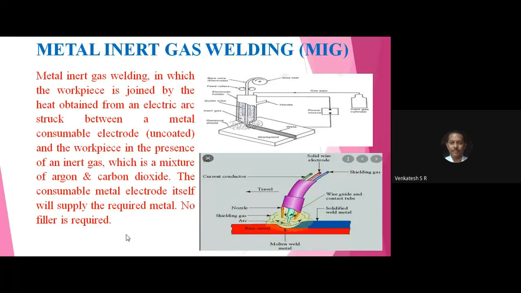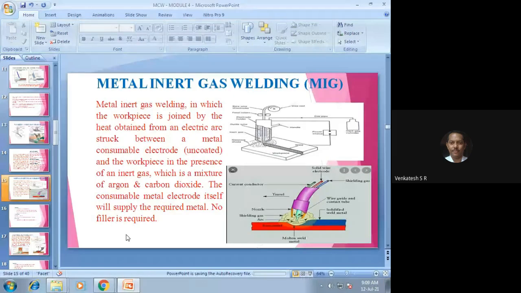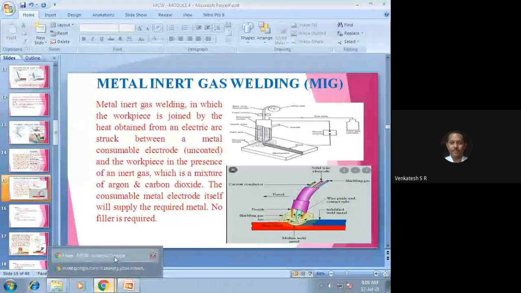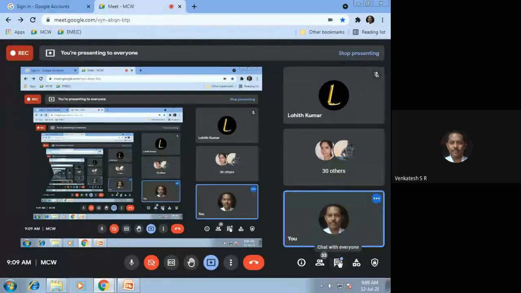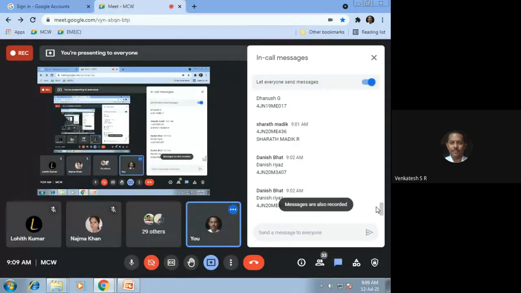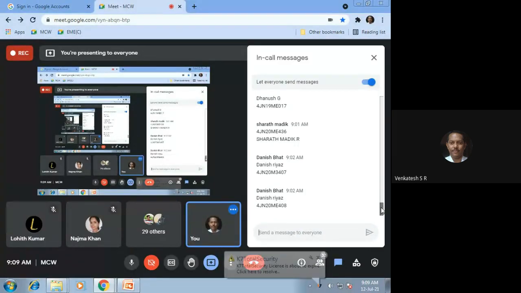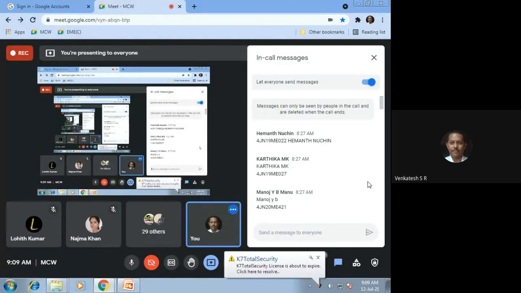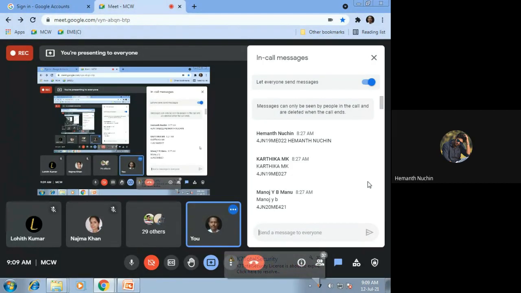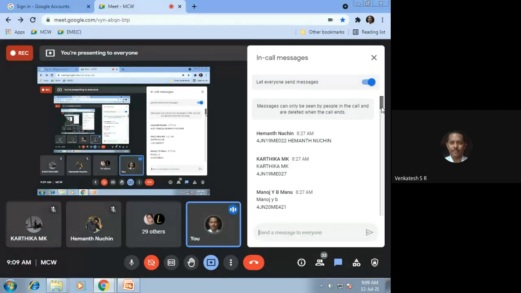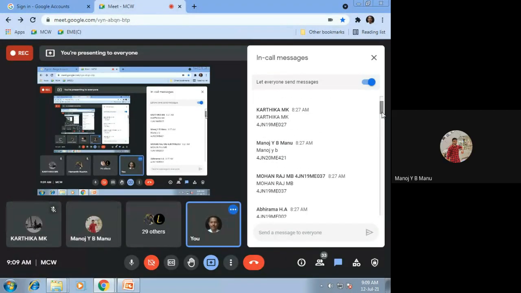Now all of you, please write your name and USN in the chat box and answer roll call. All of you, please unmute yourself. Hemant Nuchin. Present, sir. Kartika MK. Present, sir. Manoj YB. Yes, sir. Mohan Raj MB.